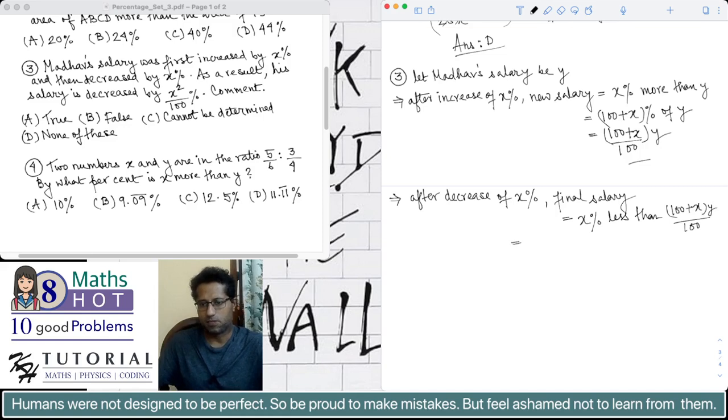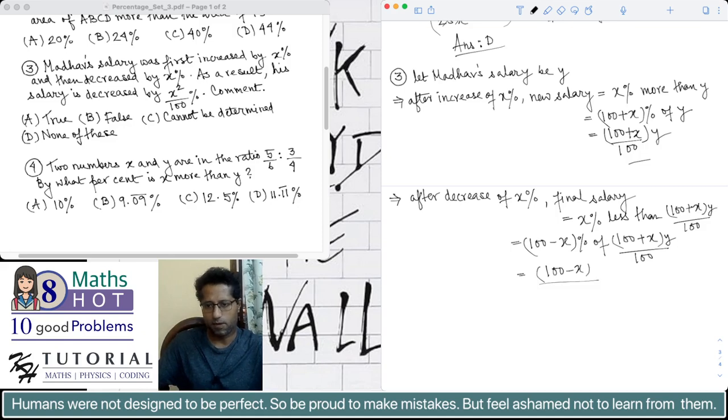Okay, now X percent less means 100 minus X percent of 100 plus X multiplied by Y by 100. Now 100 minus X percentage means 100 minus X divided by 100 multiplied by 100 plus X multiplied by Y divided by 100.